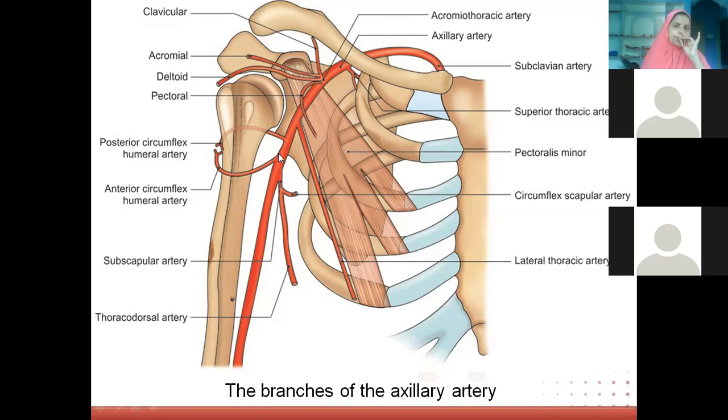Anterior circumflex humeral is actually surrounding the neck of the, which neck? This is surgical neck of the humerus anteriorly. Okay, posteriorly it is along with the posterior aspect of the surgical neck of the humerus and they anastomose around the surgical neck.